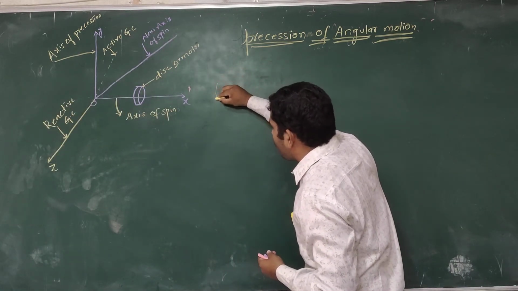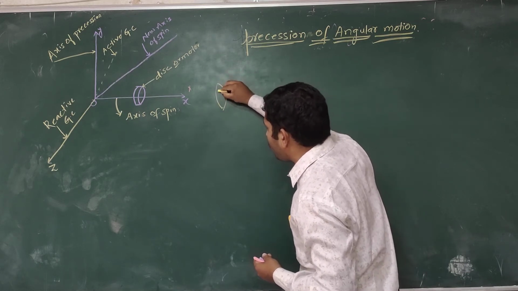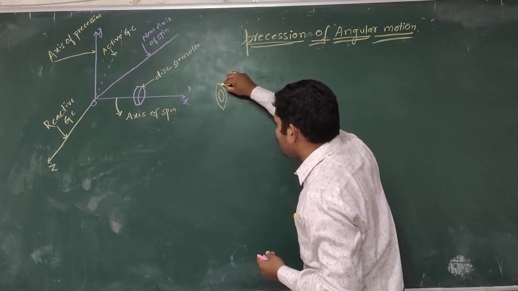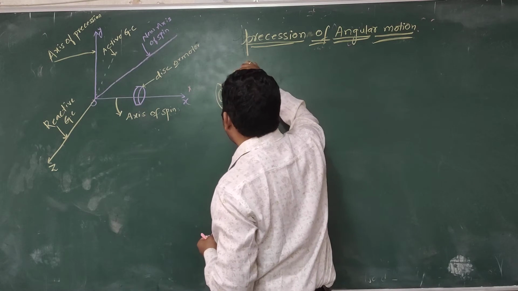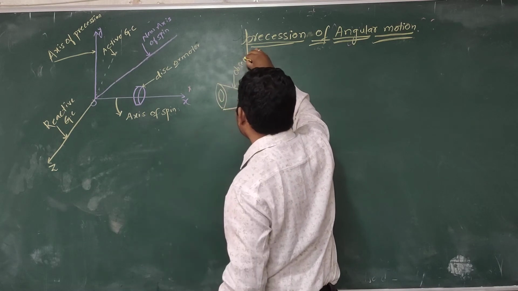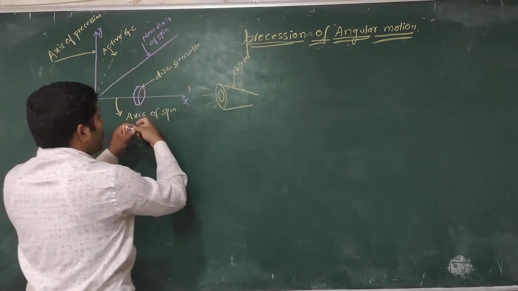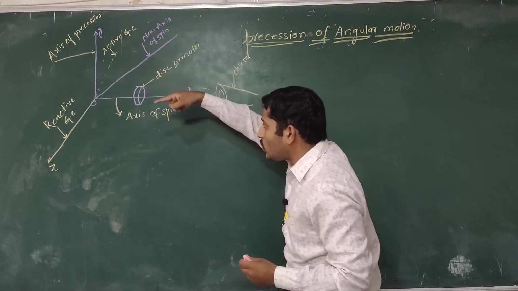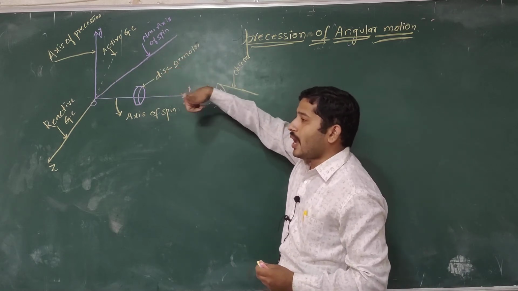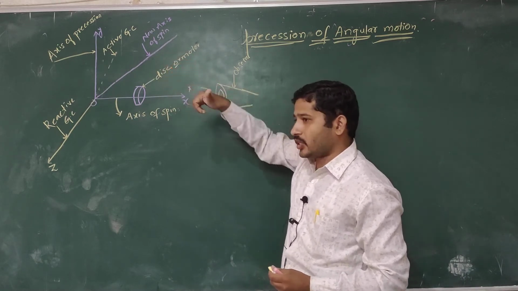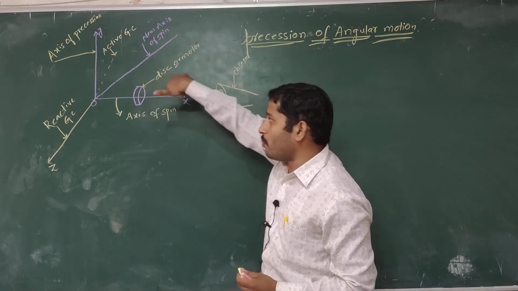If the observer is observing from the front view, this is the observer. Observe with the naked eyes, dear. The observer observes this disc. This disc is rotated in which direction, dear? The disc is rotated in anti-clockwise direction, and this one we can show as angular momentum.